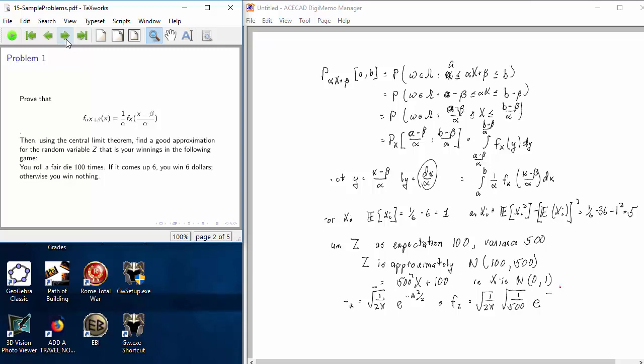So the exponent is x minus 100 squared over 2 times 500, or 1,000. So that's the approximate density function for this. And that's how to use the central limit theorem to concoct density functions in new situations.